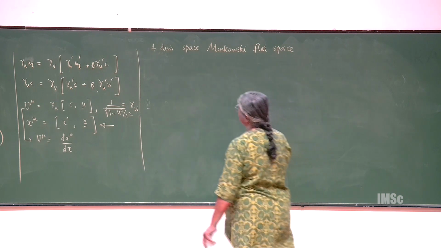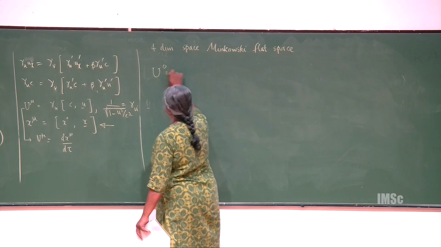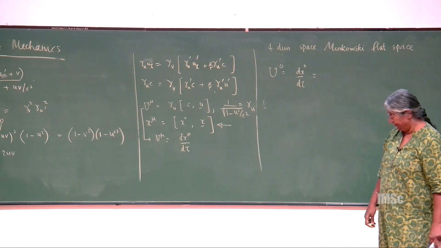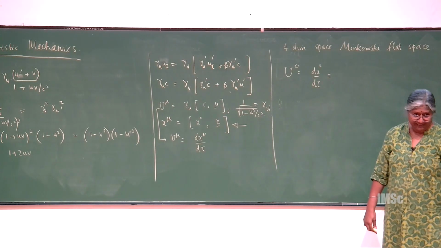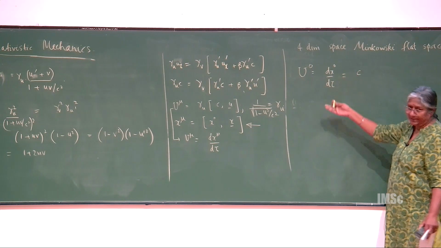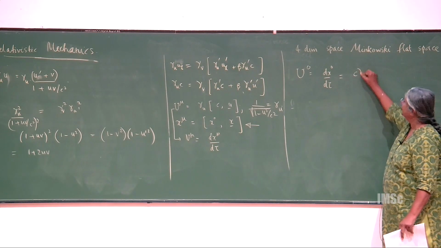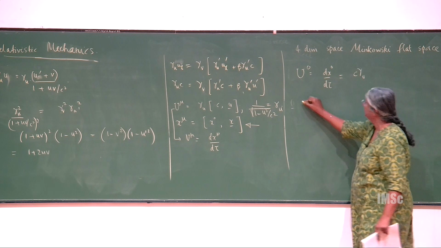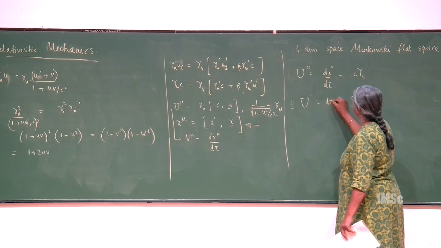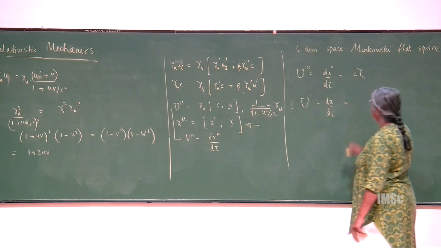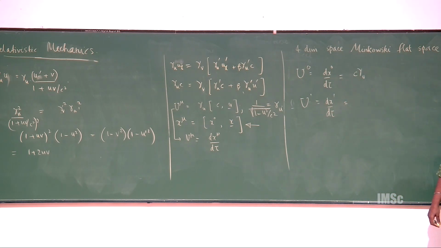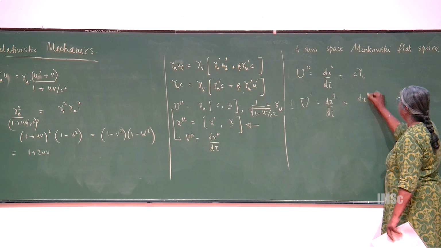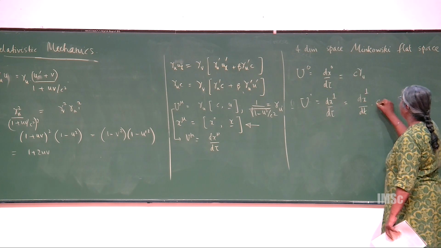For example, if you take u naught, it is dx naught by d tau. What is dx naught by d tau? X naught is ct, right? So let's put c. What is dt by d tau? It's gamma, right? So that is the component. Similarly, what is u1? I'm only going to do one more. So please understand, dx1 by dt, again chain rule I am using, right?